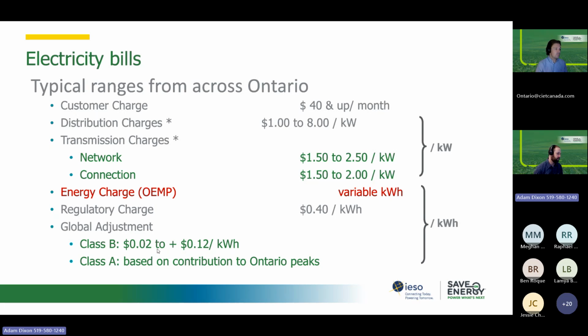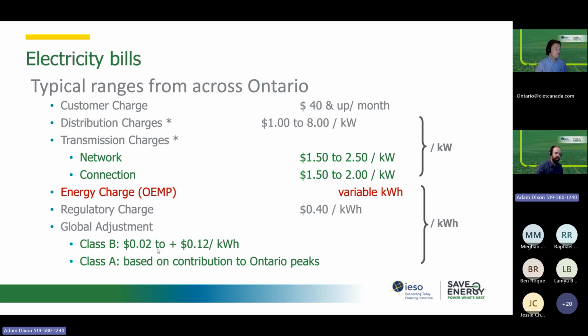The Class A customers pay based on their peak load factor and their contribution to the 5 top peaks throughout the year in Ontario. So whatever's not consumed by those large users on their 5 top peaks, the remaining dollar value of this true up is the global adjustment, and for how the market works, gets passed down to the Class B customers there.